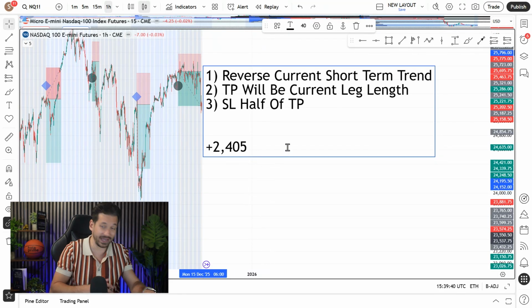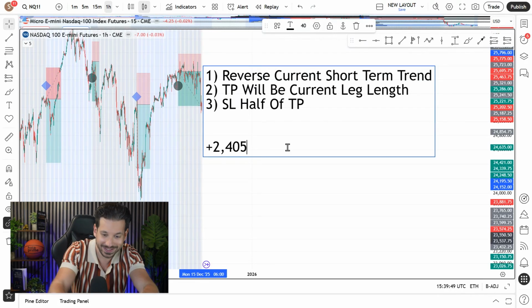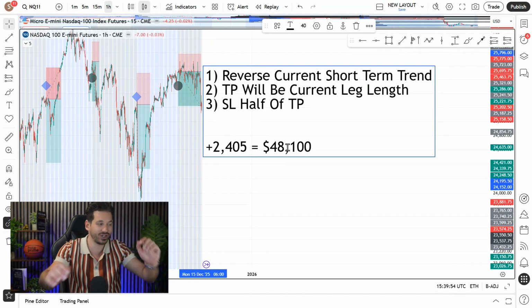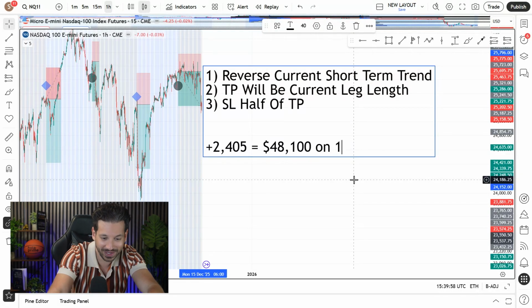And if we want to calculate, if you did that with one mini, so obviously one mini is $20 a point, you would have made $48,100 on one mini contract.